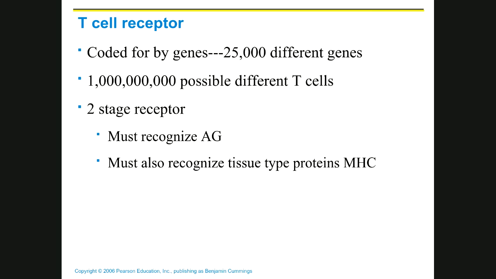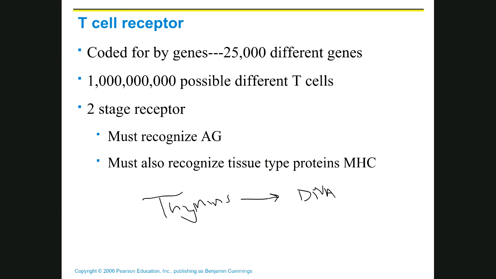T cells are very similar. Remember T cells? They're going to start in the bone marrow, but they're going to go to the thymus. And the thymus is where they're going to develop their surface receptor. It also is controlled by the DNA. Whatever you got from your parents.